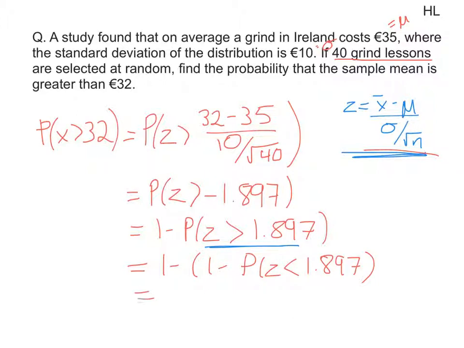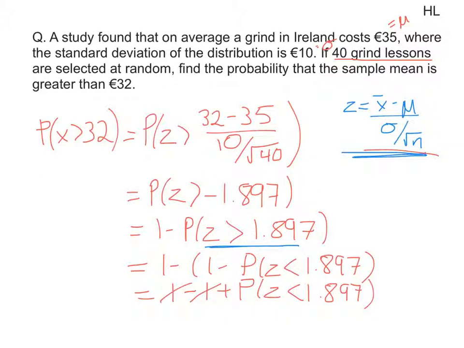When we tidy this up, we get 1 minus 1 plus the probability of z being less than 1.897. Two ones will cancel out, and we're left with the probability that z is less than 1.897.